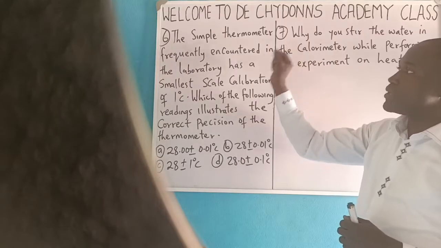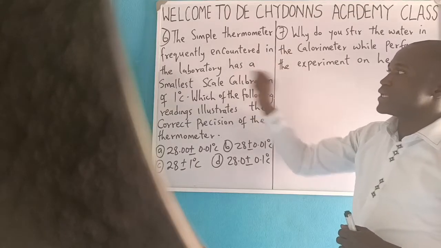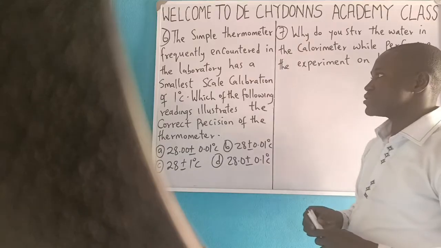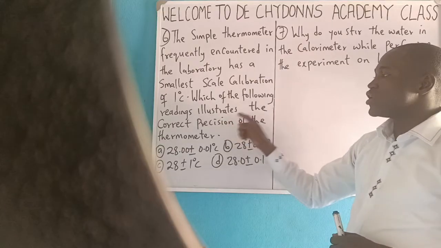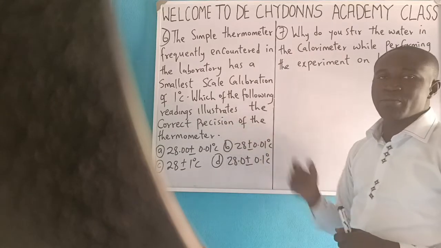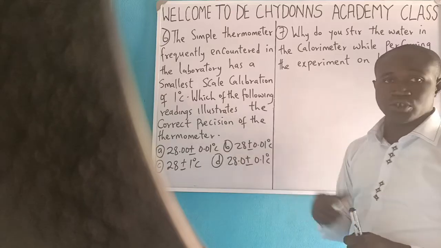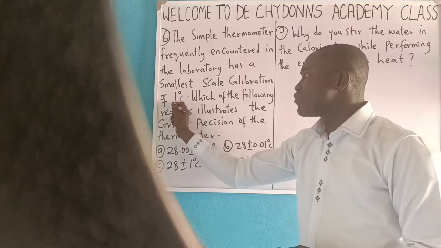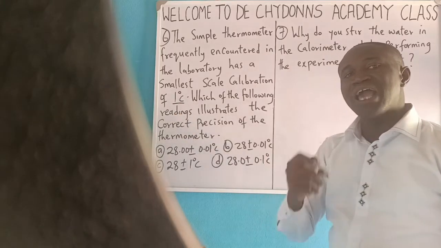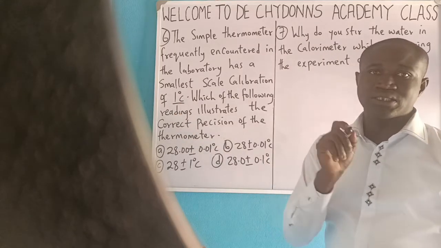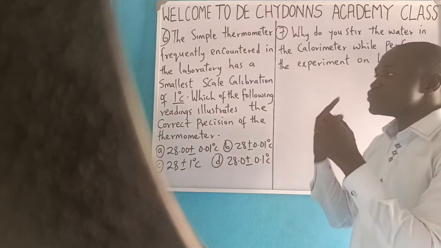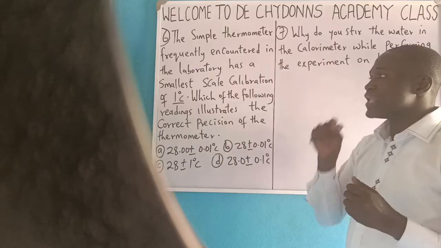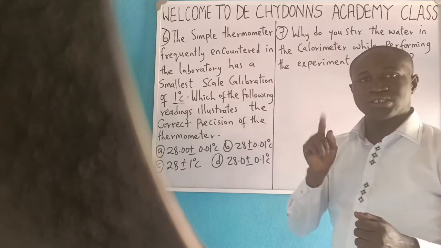The simple thermometer frequently encountered in the laboratory has a smallest scale calibration of 1 degree Celsius. Which of the following readings illustrate the correct precision of the thermometer? And we are given the options. Now, I want to tell you that this value they gave us is called the reading accuracy of that thermometer. That means the smallest value you can get from that thermometer is 1 degree Celsius.